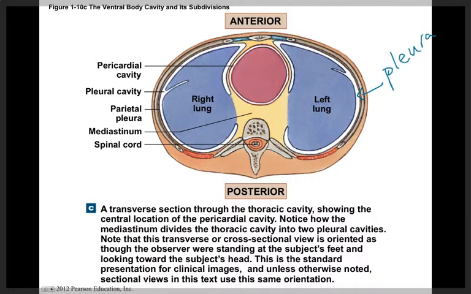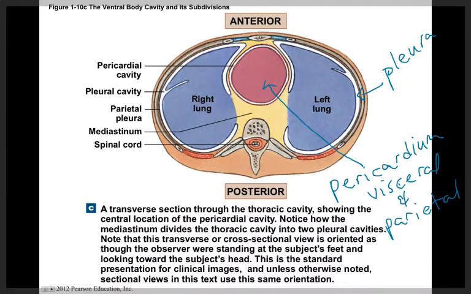Again, it can be the visceral pleura or it can be the parietal pleura. There's also another serous membrane surrounding the heart or the pericardial cavity, and that would be called the pericardium. And the pericardium also has both a visceral and a parietal portion.